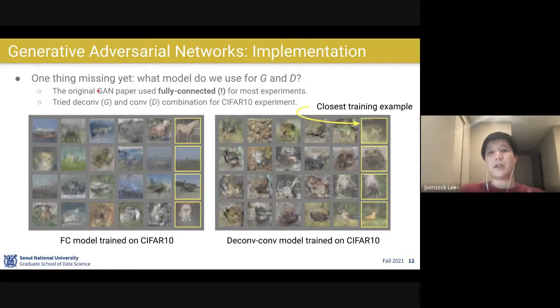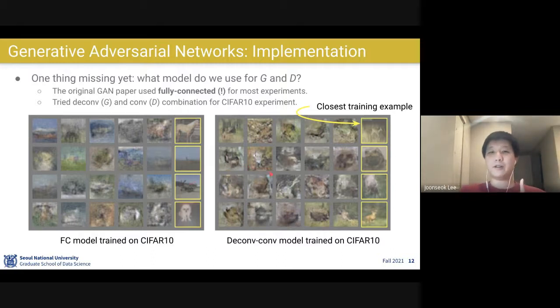In the original GAN paper, interestingly, they actually tried two things. One is just fully connected. Given some vector Z, they just stacked some fully connected layers to map it to a real image. And for the discriminator, they just used fully connected layers to discover the structure in there and decide if it's fake or real.